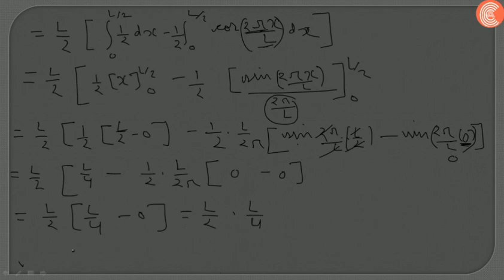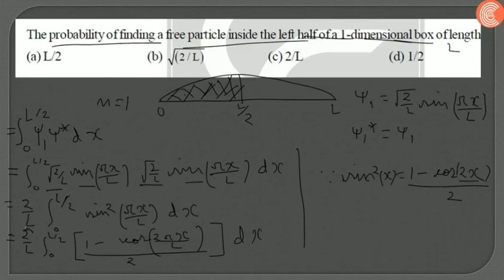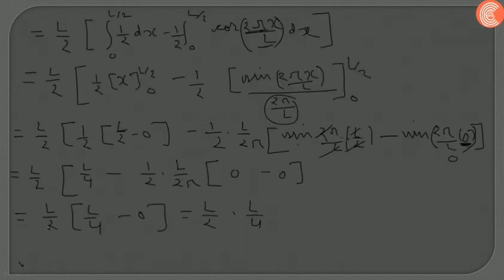I think we have written a wrong thing. Let me see in the previous page. In the previous page it was 2 by L. So we have just reversed that. We have to also write over here 2 by L. I'm really sorry. This all will be 2 by L, so please check it yourself.